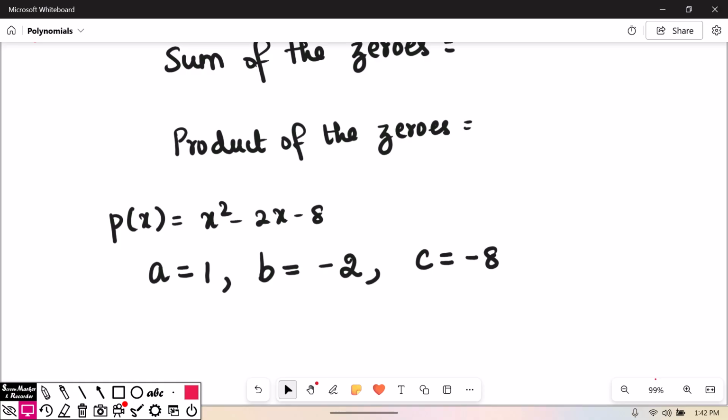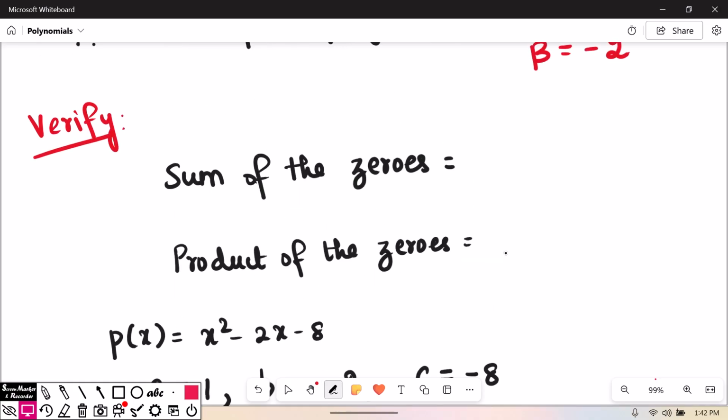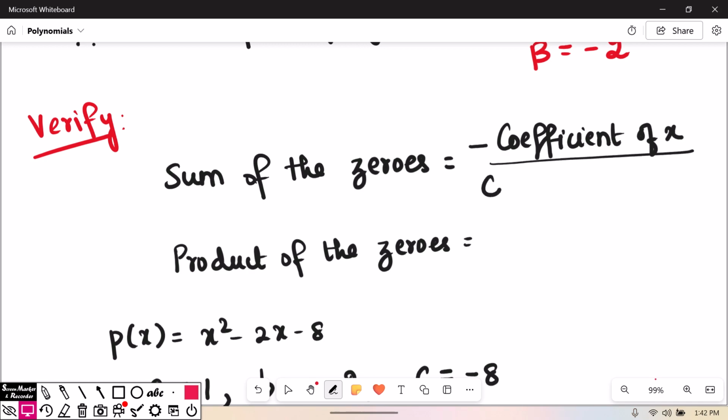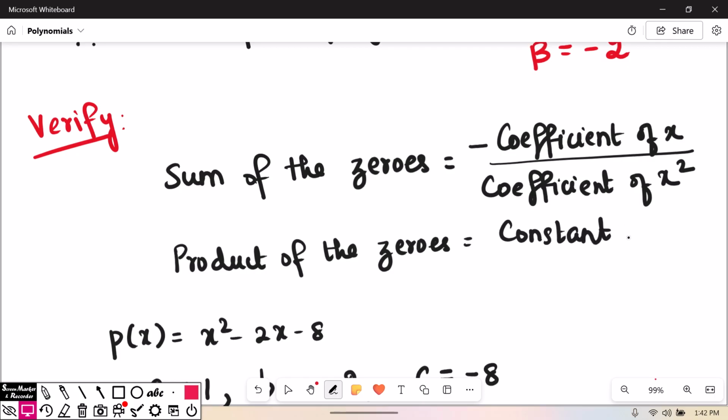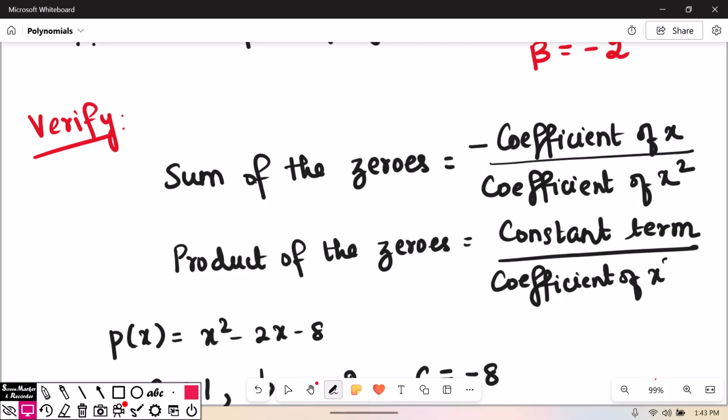Now we have a formula to calculate the sum of the zeros, which is minus coefficient of x divided by coefficient of x square. And to find the product, we have the formula constant term divided by coefficient of x square.